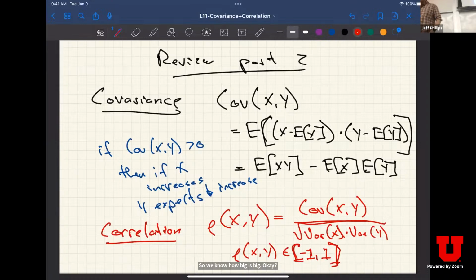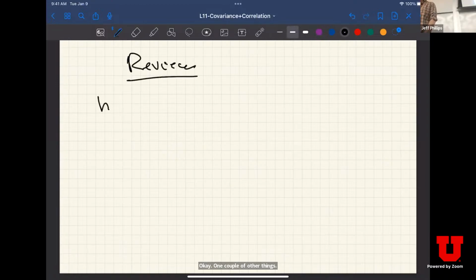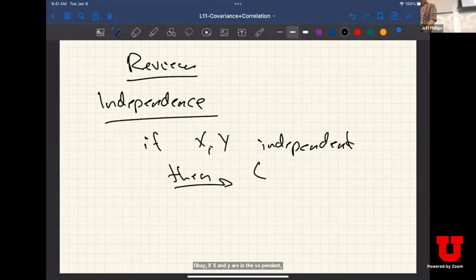Okay, a couple of other things. Independence. If x and y are independent, then the covariance of x and y is equal to 0, and also the correlation of x and y is equal to 0, right?